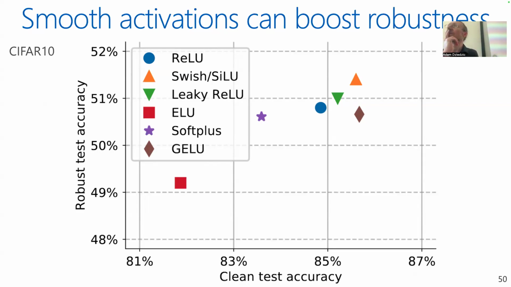Because if we increase capacity, models can underfit. But ultimately, the model can pick up on these non-robust features, right? So it underfits, or it can even overfit to the non-robust features.